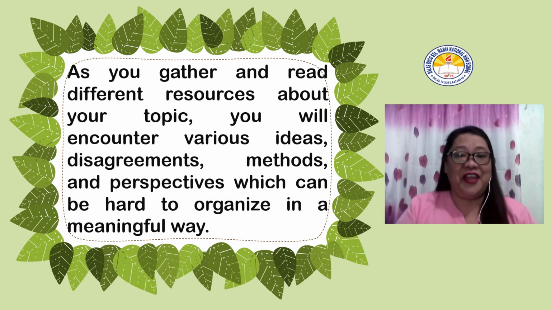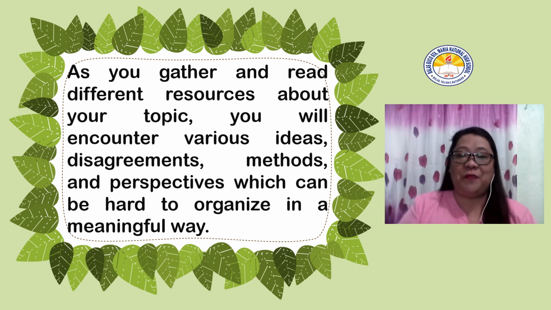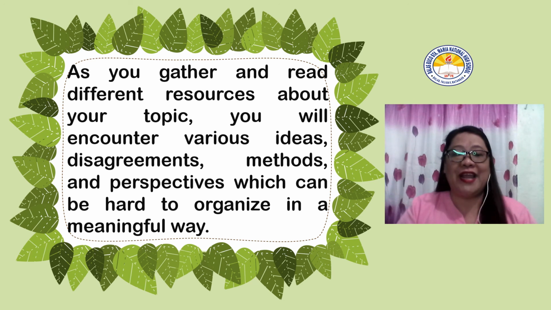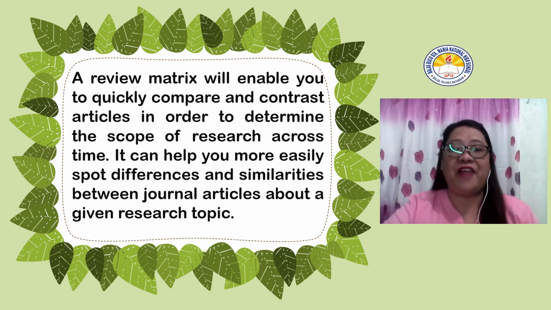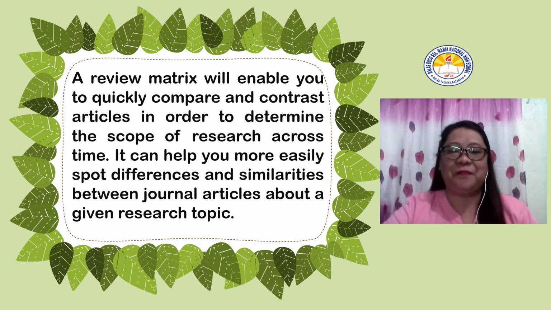As you gather and read different resources about your topic, you will encounter various ideas, disagreements, methods, and perspectives which can be hard to organize in a meaningful way. A review matrix will enable you to quickly compare and contrast articles in order to determine the scope of research across time.